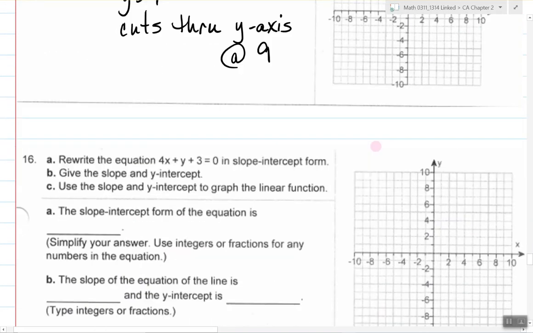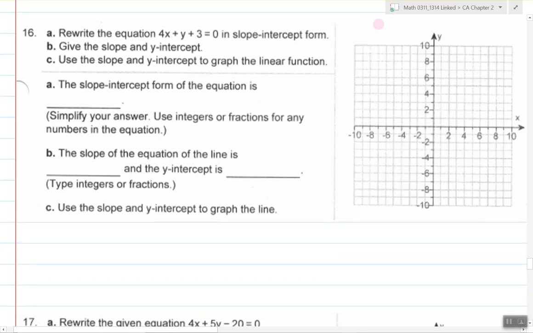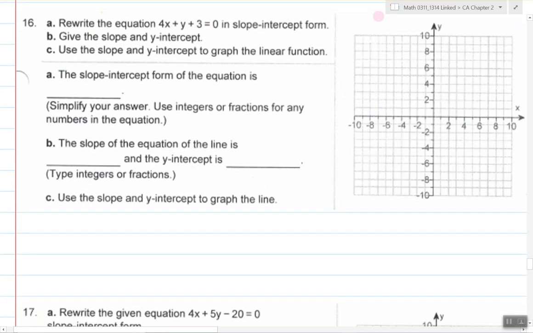All right. You are not always given an equation in a nice slope-intercept form, which identifies m and b for you. So sometimes you have to change it. So on number 16, I have 4x plus y plus 3 equals 0.